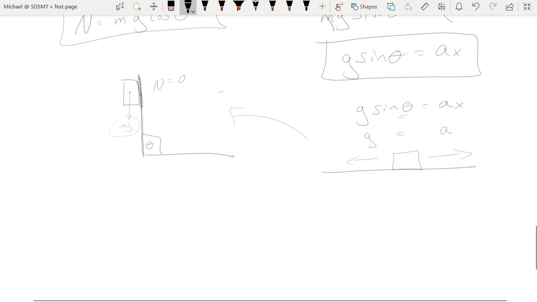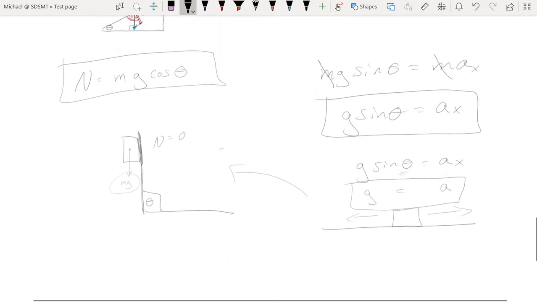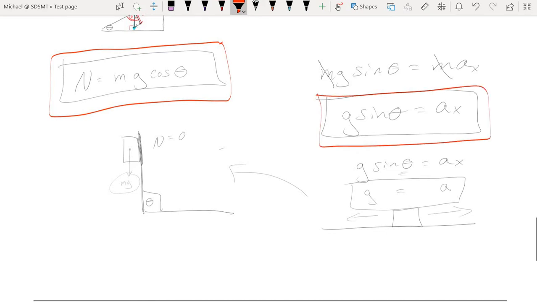If we just hold this mass up against a wall and let go, it's going to fall and it's going to accelerate at a rate of g. These two expressions just allow us to calculate everything that's going to happen between those values of 90 and 0 degrees.